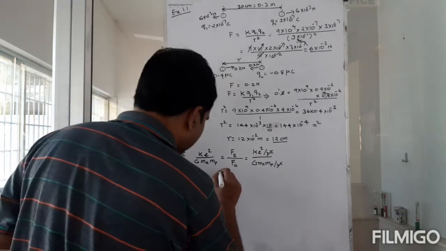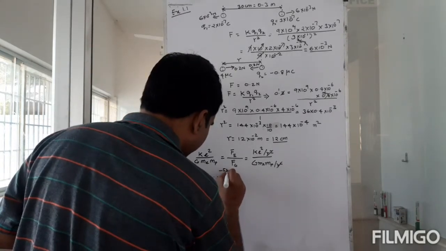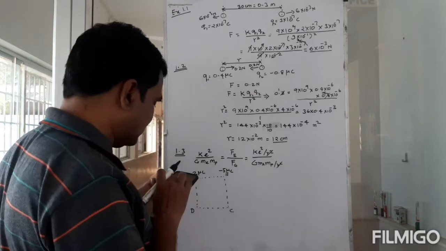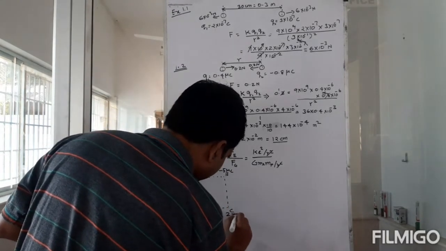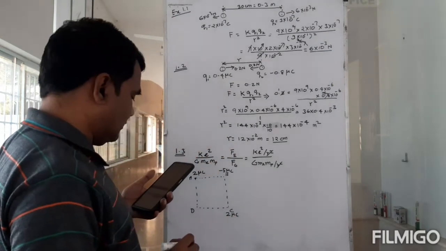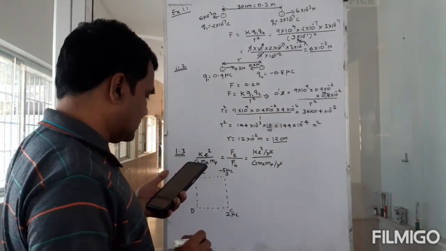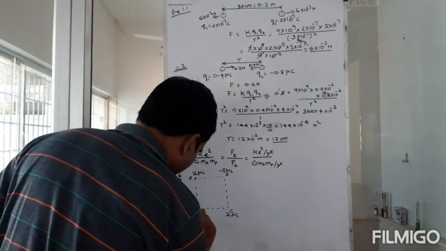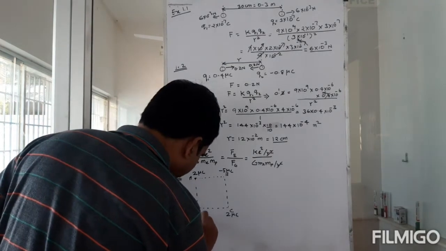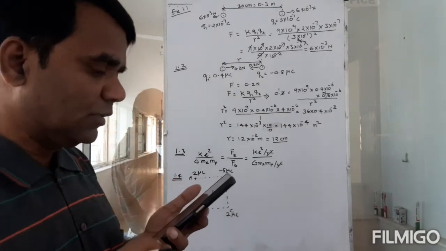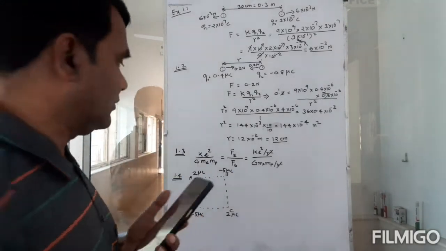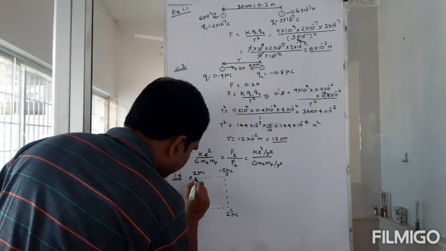That is minus 5 microcoulomb. The charge at C is 2 microcoulomb. And what's the charge at D? It's minus 5 microcoulomb. And I'm going to keep a charge of 1 microcoulomb at the center of the square. So which is the center of the square?